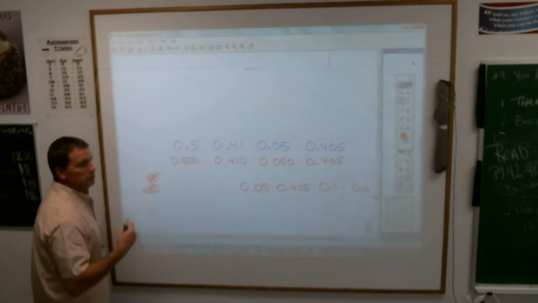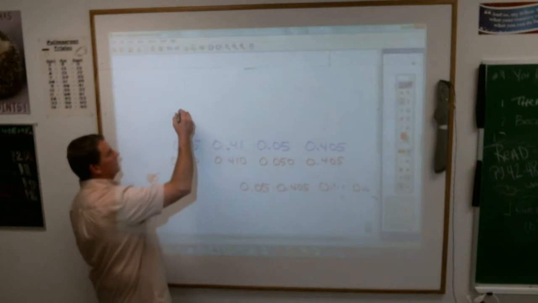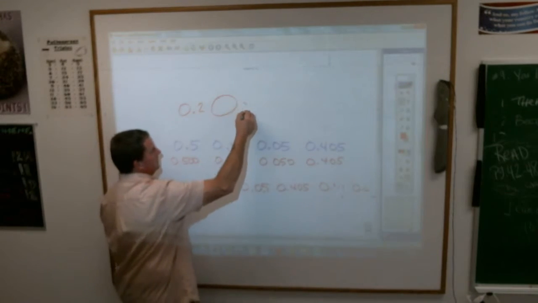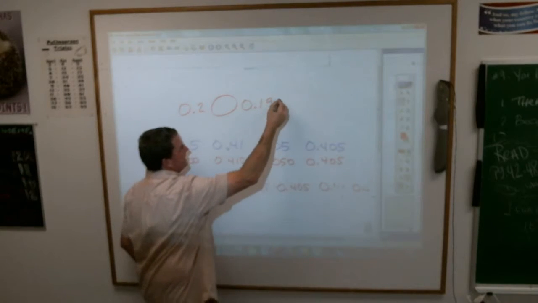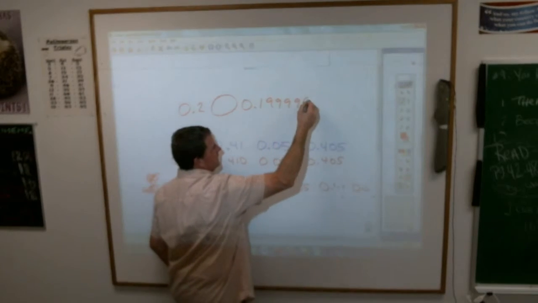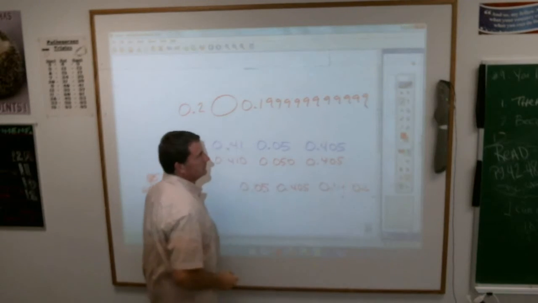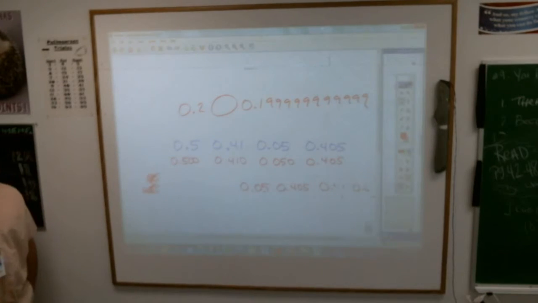And that's the same thing when you compare decimals. I can have this 0.2 and compare that to 0.199999999999. Which one of those is larger? Caitlin? 0.2.